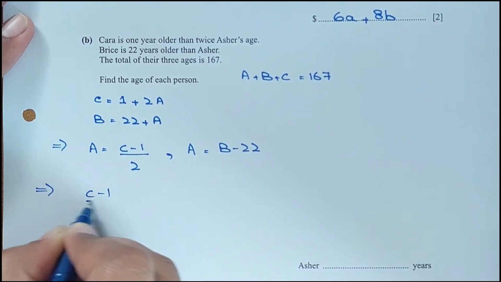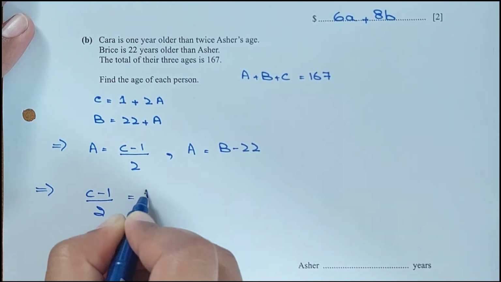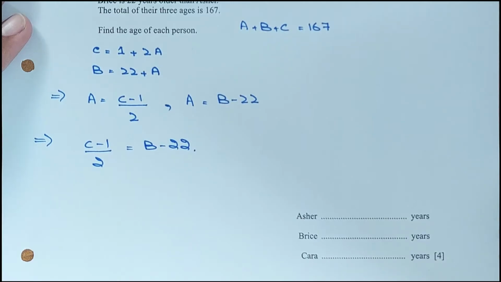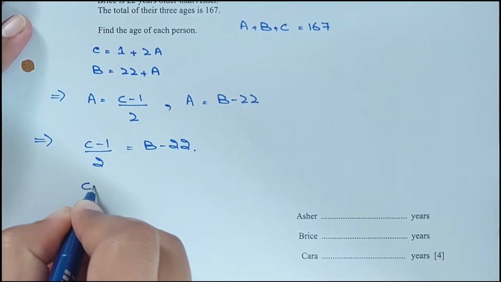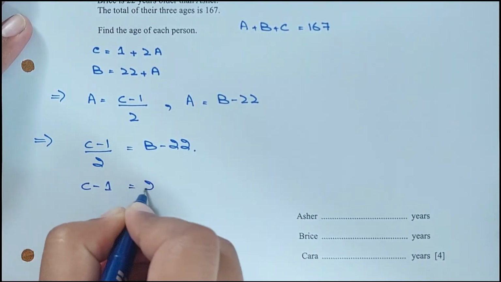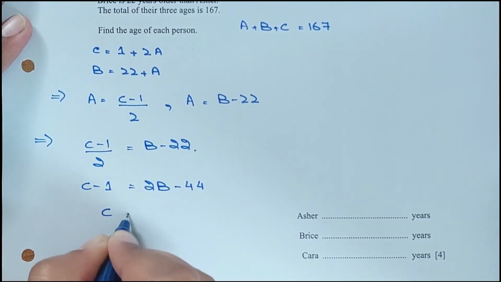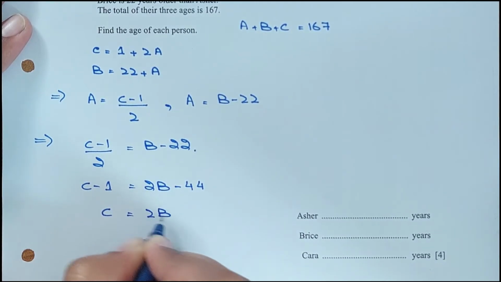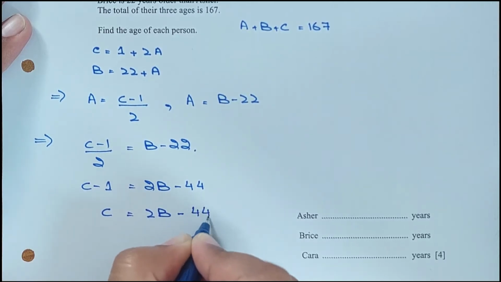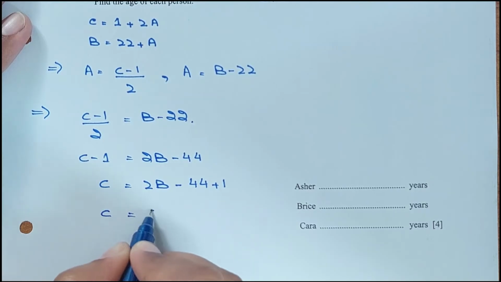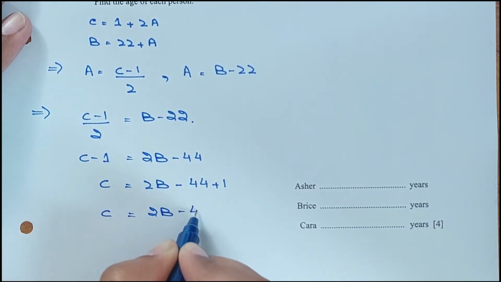So C minus 1 by 2 equals B minus 22, right? Now cross multiplication: C minus 1 is equal to 2B minus 44. And the C value is 2B minus 44 plus 1, which is minus 43. So C is 2B minus 43.